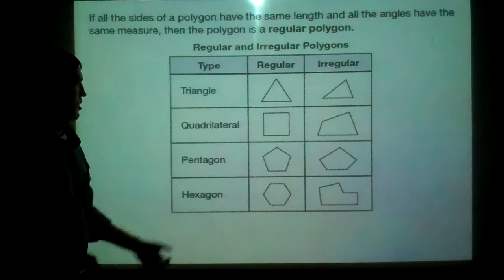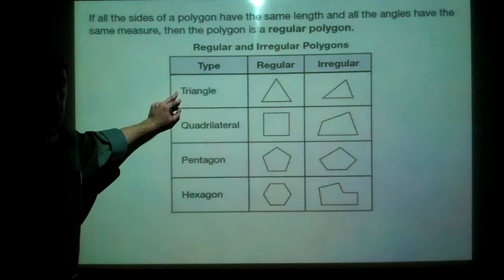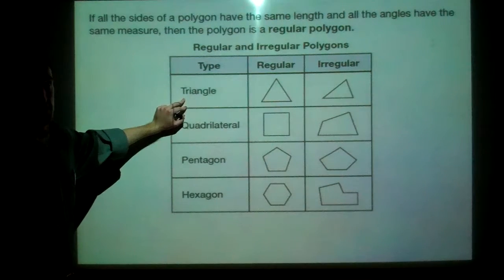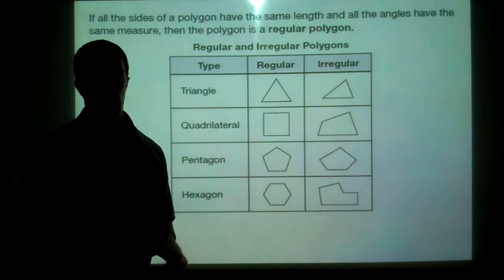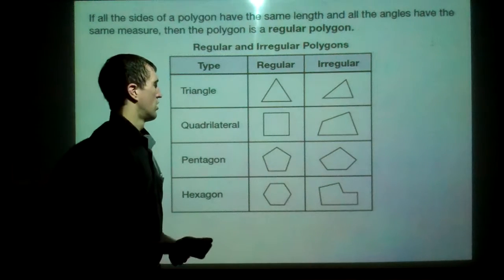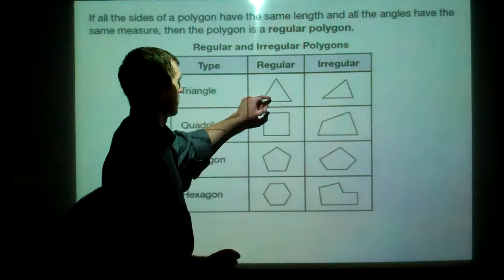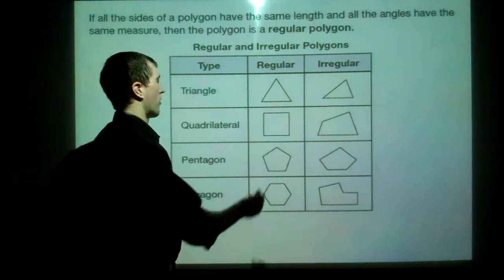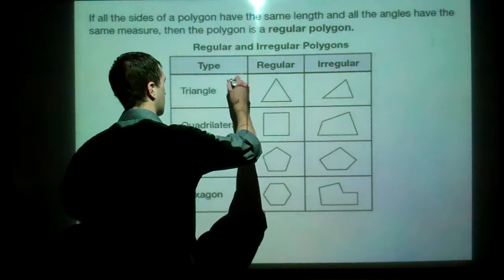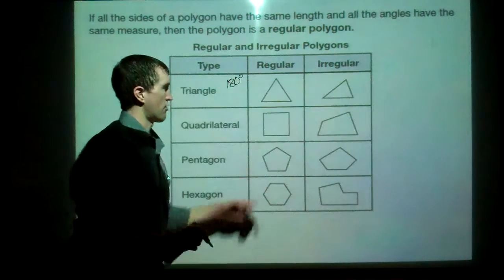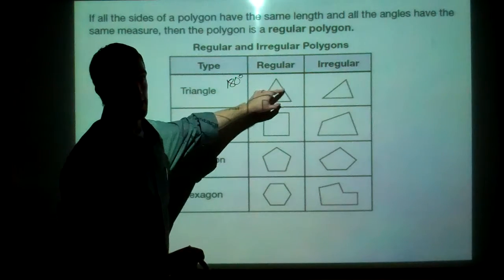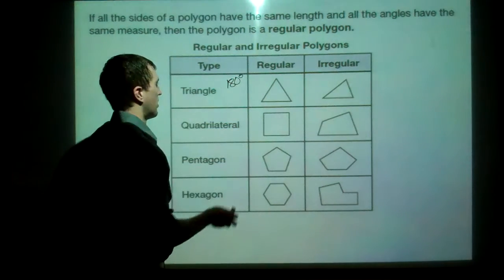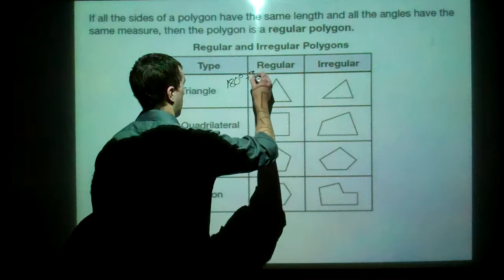And the good thing about regular shapes is that we can actually figure out what each degree measure is for each angle. So if we look at a triangle, I know that all the angles add up to 180 degrees. So there are 180 degrees in this triangle, but there are 3 angles, and since they all have to be the same, if I just divide this by 3, we'll get 60.